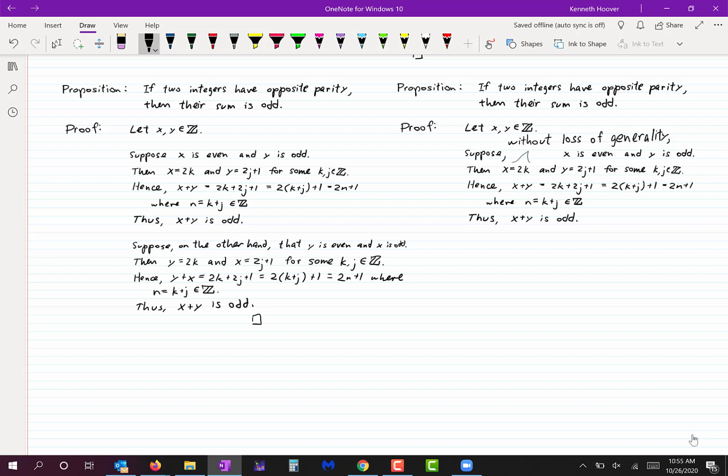And without loss of generality means that there's another possibility, right? And the other possibility is y is even and x is odd. But the only difference there is a difference of naming, not a mathematical difference.